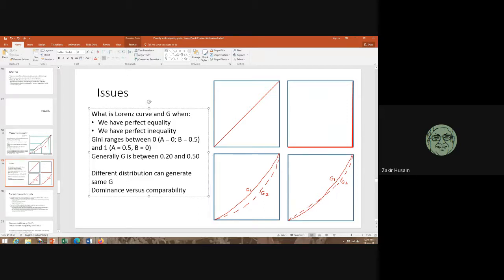Okay, but generally G will lie between 0.20 and 0.50.